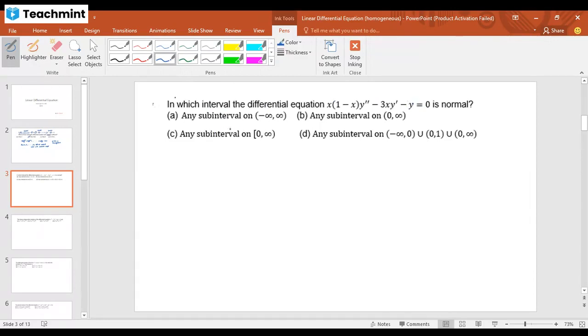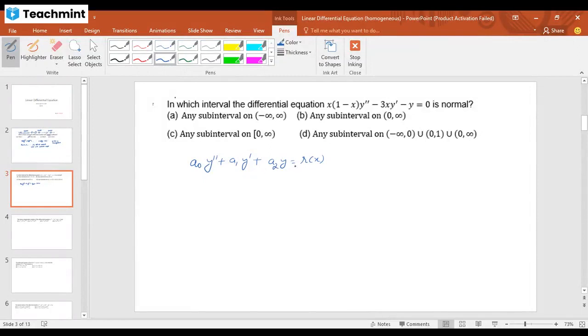So firstly, what is the condition here? So if the differential equation is of the type like it is a second order differential equation, so I am considering a0 y double dash plus a1 y dash plus a2 y equal to R(x). This is a differential equation.